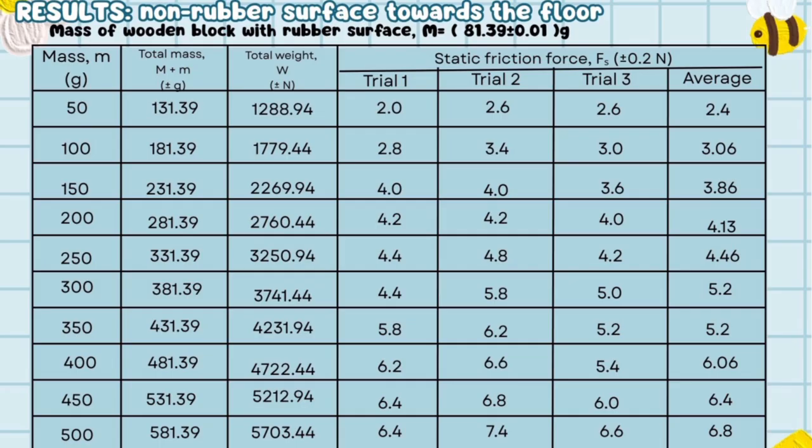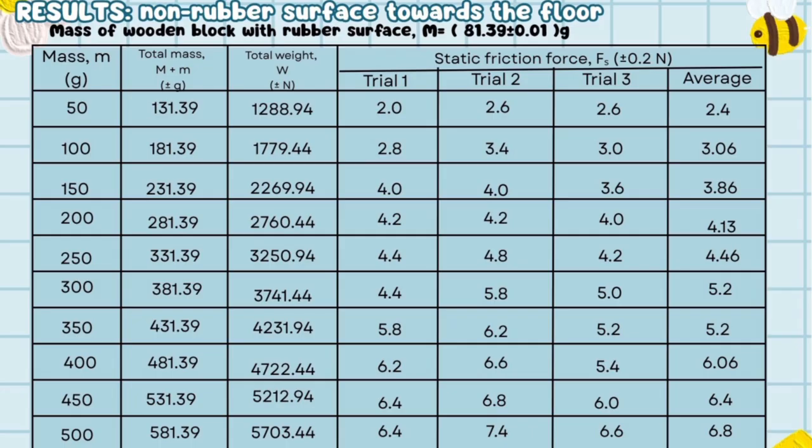And for the second result, which is table 5.2, the non-rubber surface towards the floor. The mass list with uncertainty of 0.01 gram is 50 to 500, and the total mass, capital M plus small m, is the same as table 5.1.